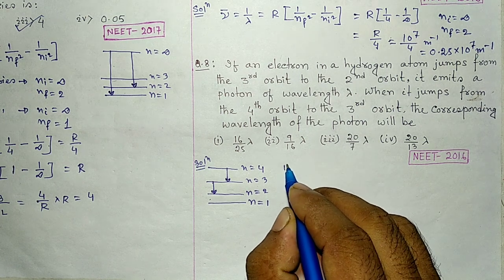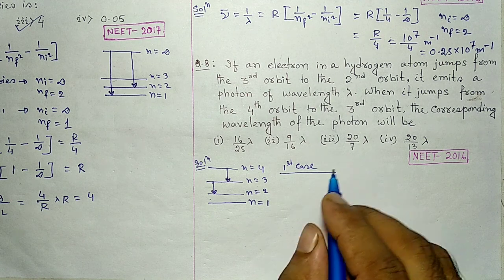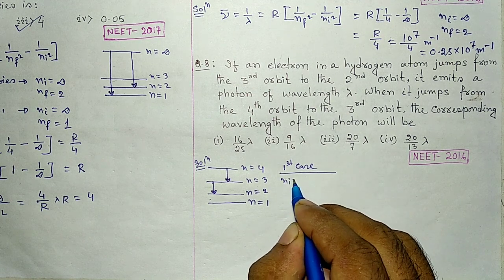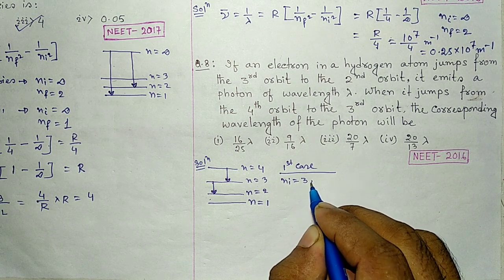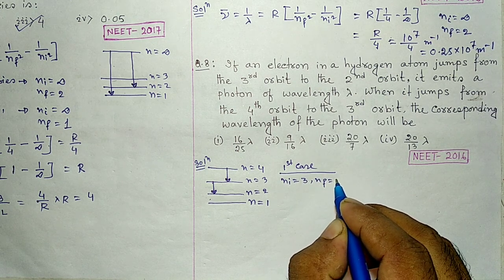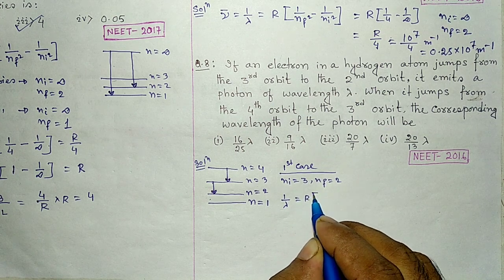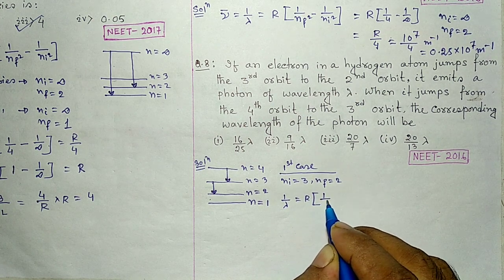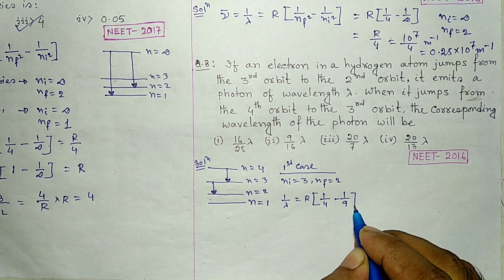So in the first case, Ni is equals to 3 and Nf is equals to 2. So 1 by lambda is equals to R into (1 by Nf square, that means 1 by 4, minus 1 by Ni square, that means 1 by 9).